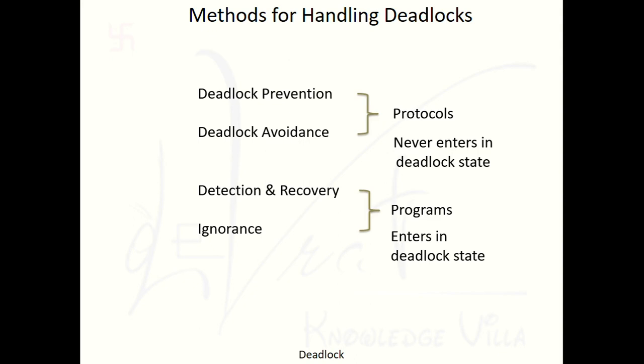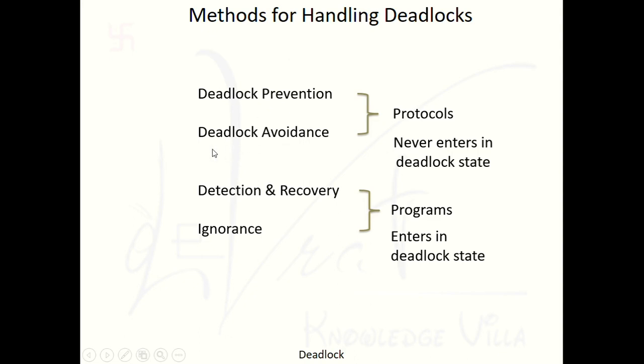If we compare this example with our methods for handling deadlocks, some countries already banned a few tourists from China. Whoever was traveling from China, those countries banned these people from entering the country. This is known as deadlock prevention.